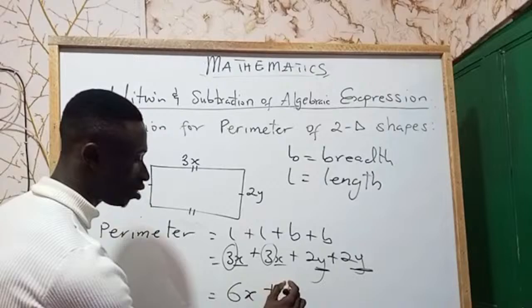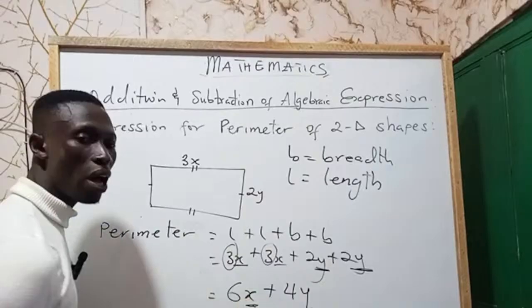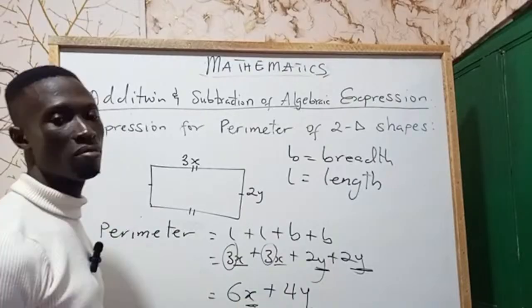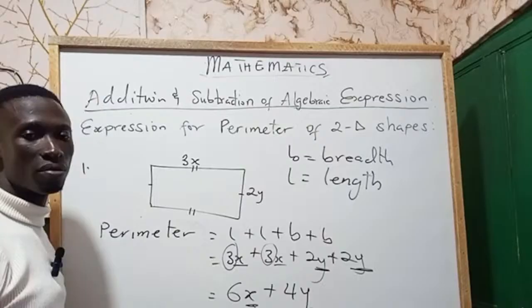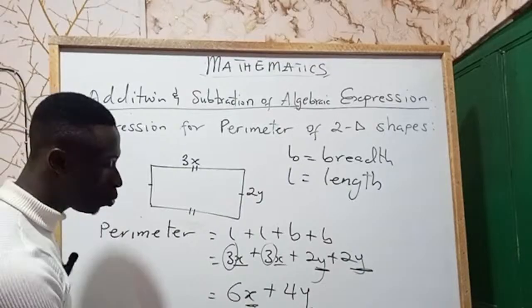Now 6x plus 4y: the variables are not the same, so I can't add them. If you write 10xy, it will be wrong. Your answer will be incorrect. Once we observe that the variables are not the same, I can leave it like that. So this is my final answer.